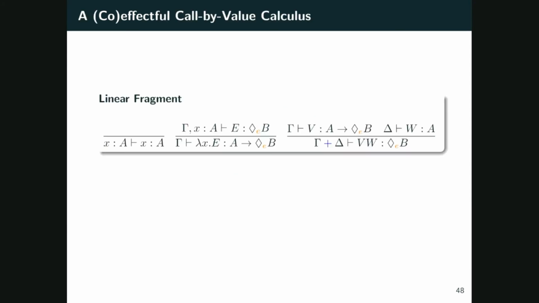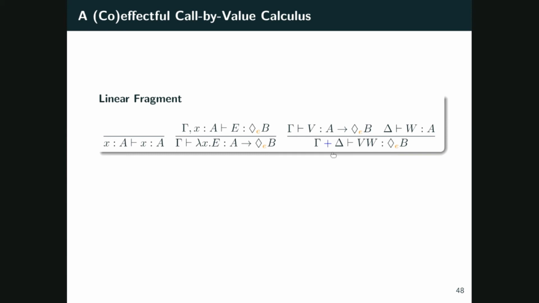All right. Now we can finally define the calculus. Again, we have the linear fragment, which is pretty standard, just abstraction and application. Let me just notice that in the rule for application, because we have two pieces, so two environments which may have requirements on their code, we have to put those environments together and also to combine the requirements.